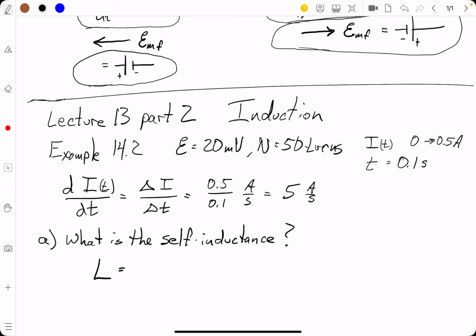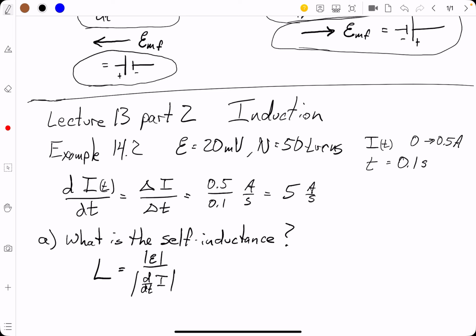So L is equal to our EMF, and we're going to take the absolute value of that, and we're going to divide by dI/dt, and take the absolute value of that.